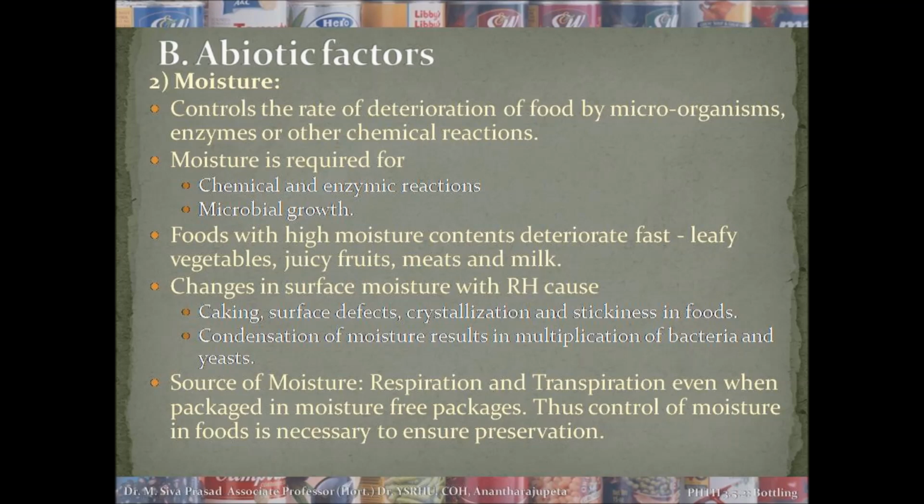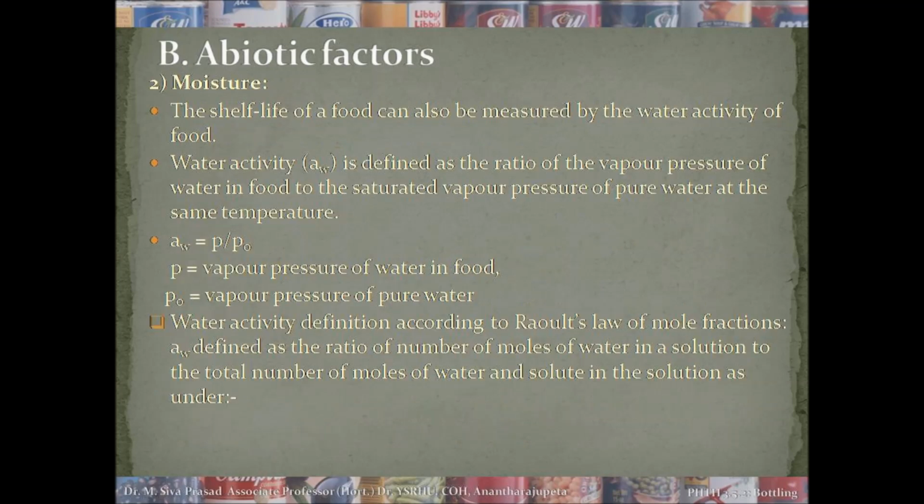Beyond that limit, if you remove the moisture, the entire property of the food is going to be lost. The food doesn't remain food, it's dead matter. So you need to retain a certain amount of moisture. Now you understand the importance of moisture in food, which plays a key role in the deterioration or spoilage of the food.